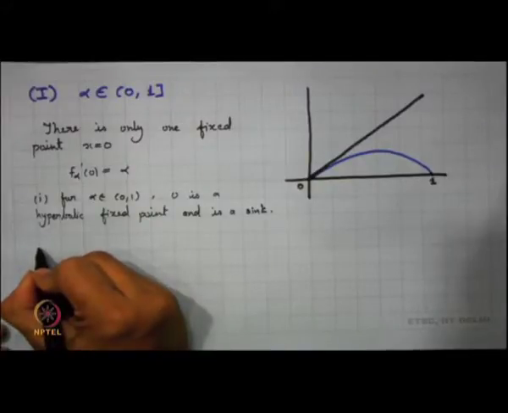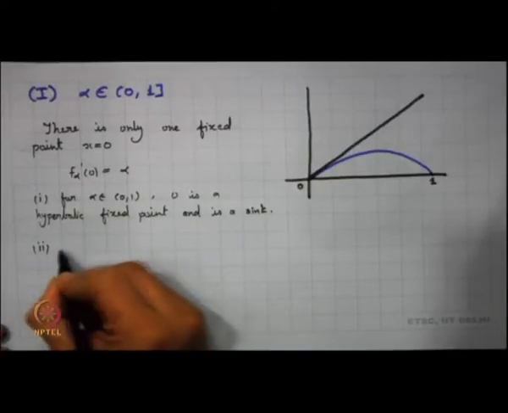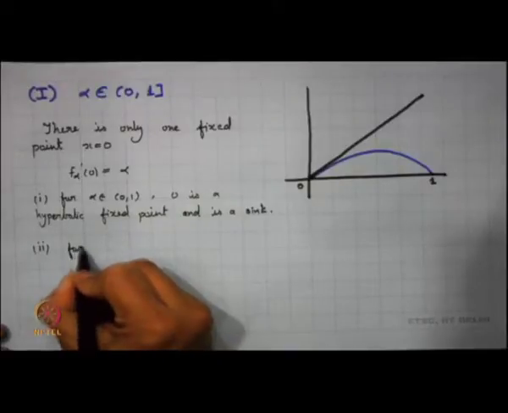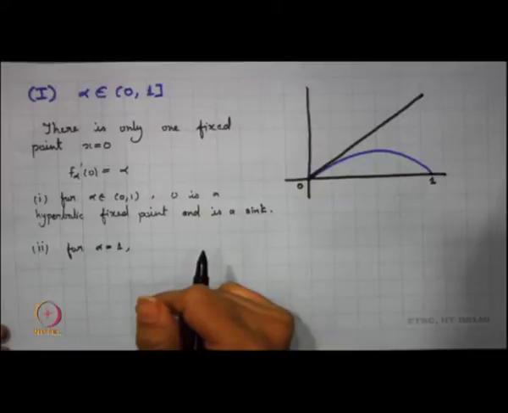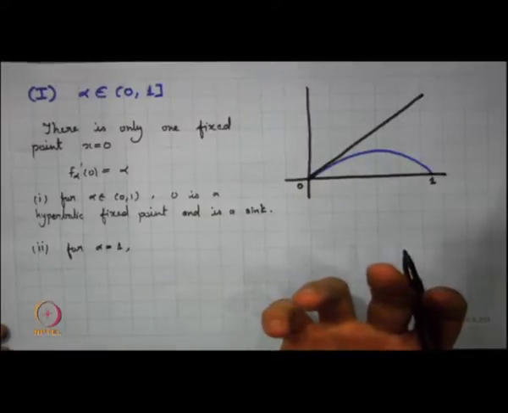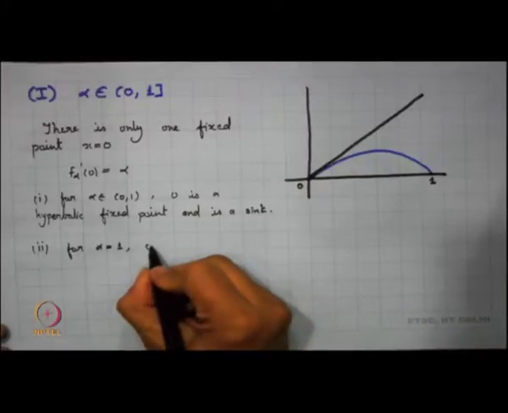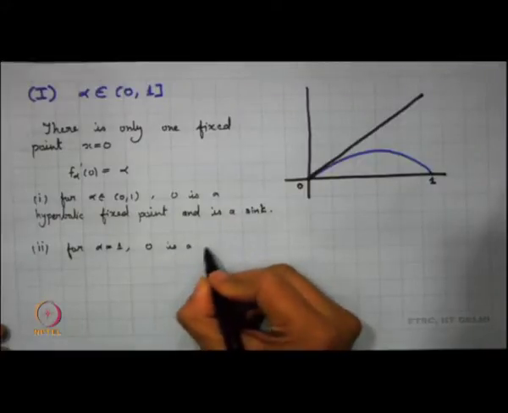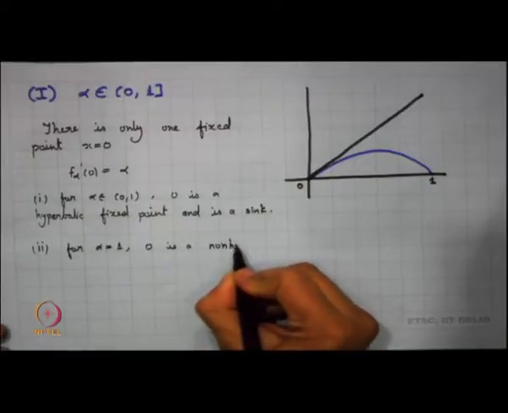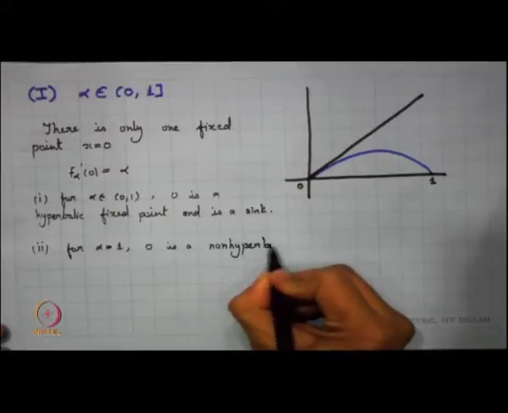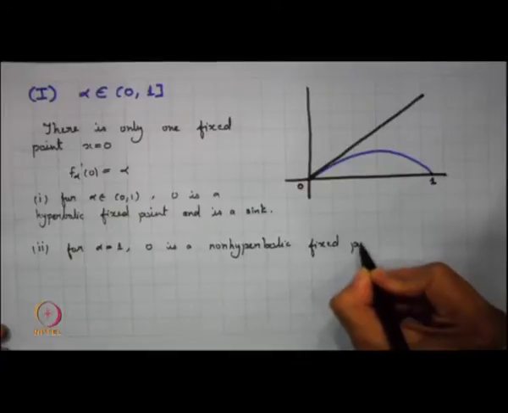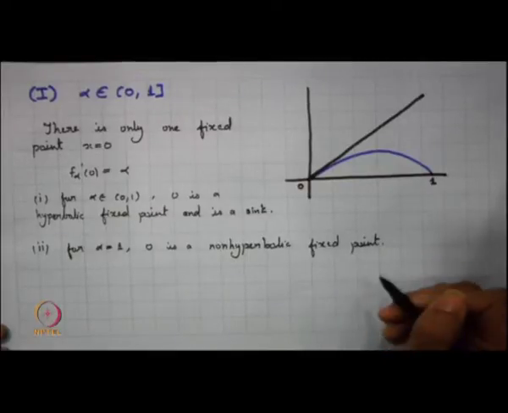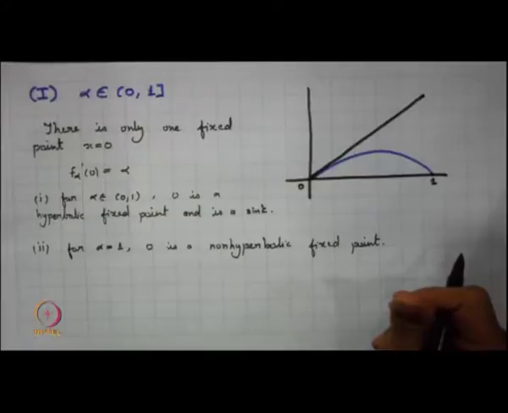What happens to alpha equal to 1? Now, when alpha equal to 1, 0 is a non-hyperbolic fixed point. So, we have to look into the case of a non-hyperbolic fixed point.